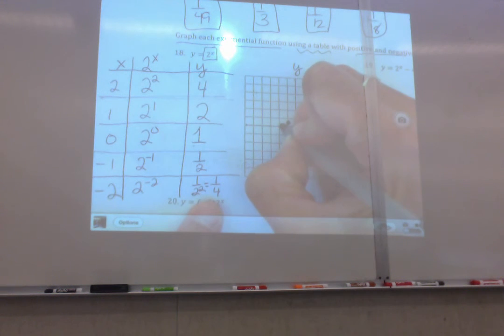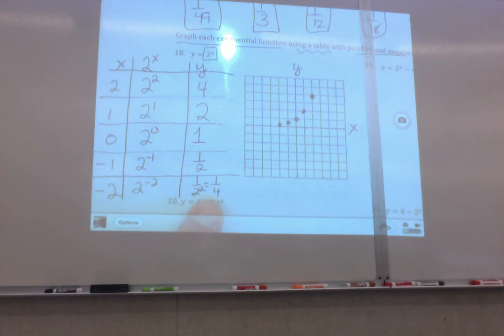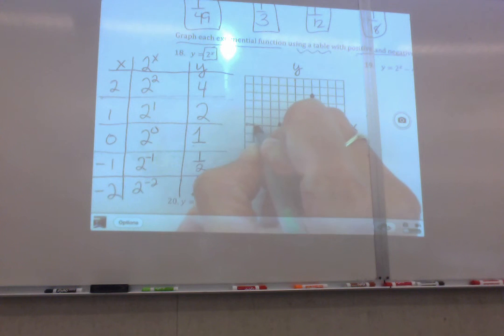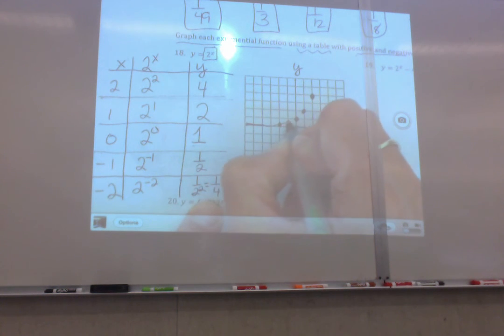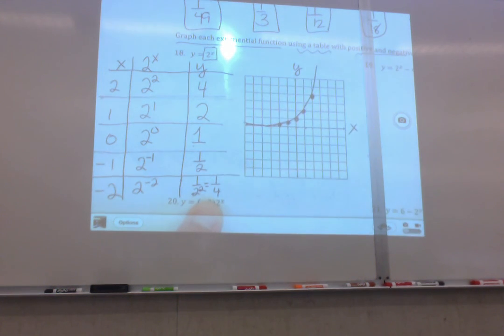That's going to be hard to do. I'm just going to try and make it so that you can see it's not on the line, but it's a little bit lower than this. So I've got enough to kind of see that curve. This is one of those that goes... What do we call that shape?